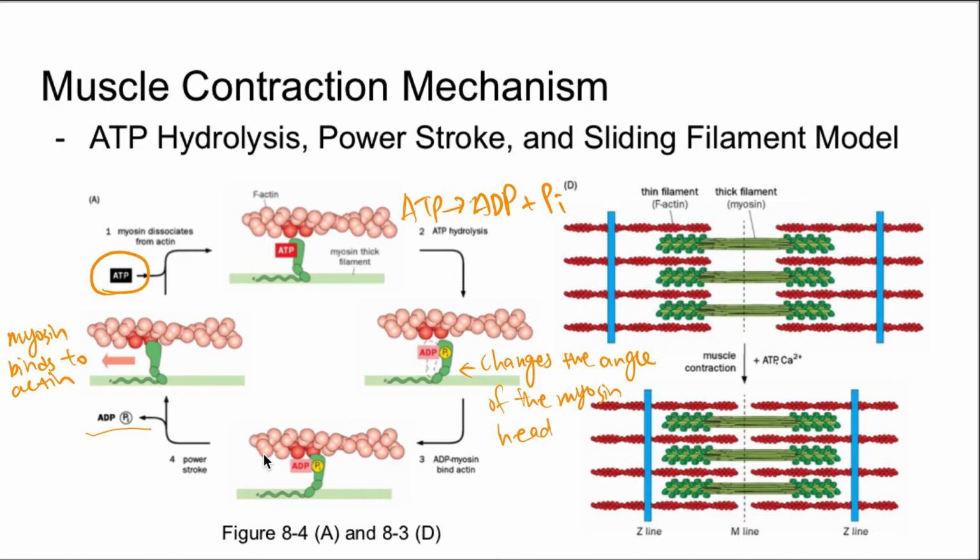So forces are generated on the actin filaments as the myosin protein reverts back to its original conformation. The myosin head moves towards the center of the sarcomere. So these are the myosin heads. These myosin heads will pull the actin along with them. So as the actin is pulled towards the center, the sarcomere shortens and the muscle contracts.